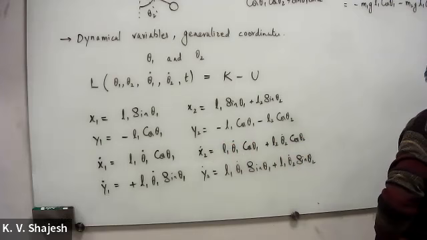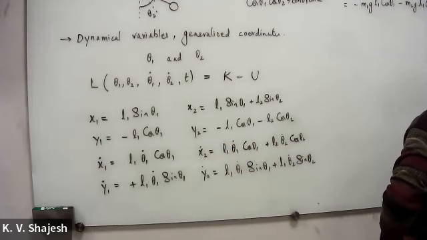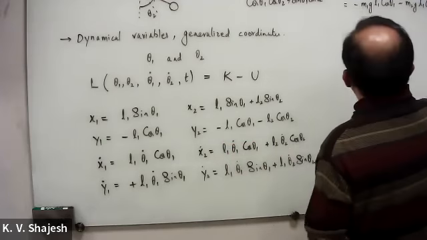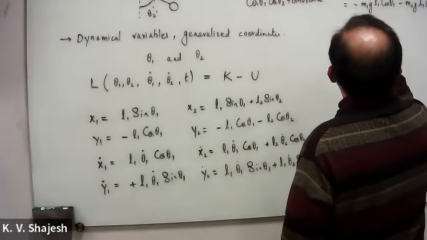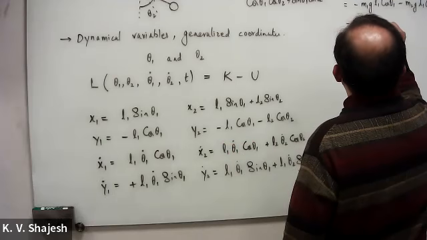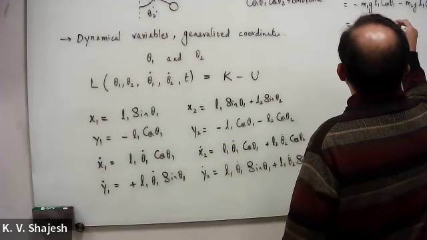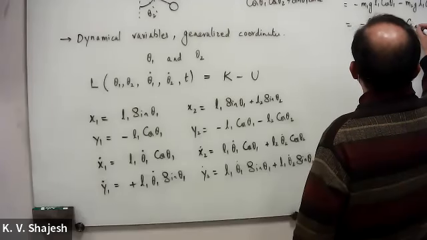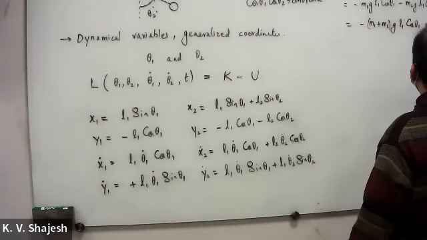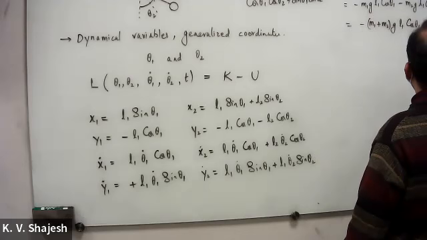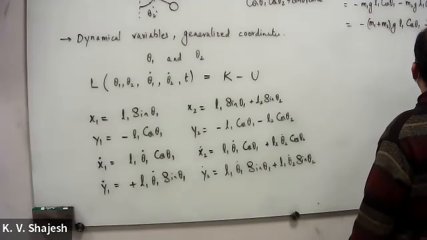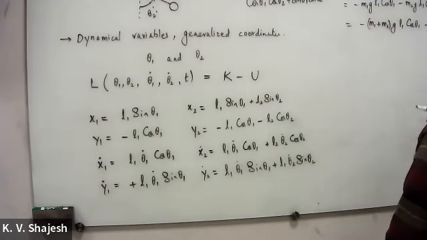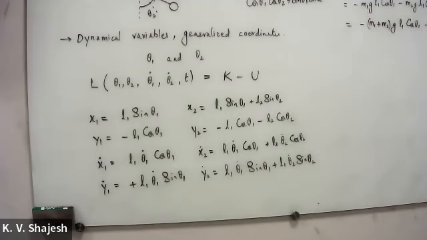And then we have minus M2 G L2 cosine theta 2, which is probably best written as minus (M1 plus M2) G L1 cosine theta 1 minus M2 G L2 cosine theta 2.